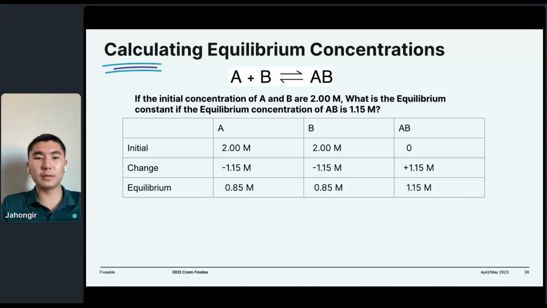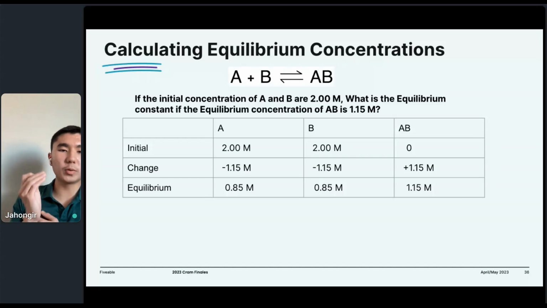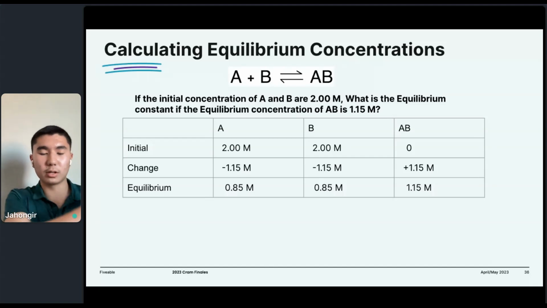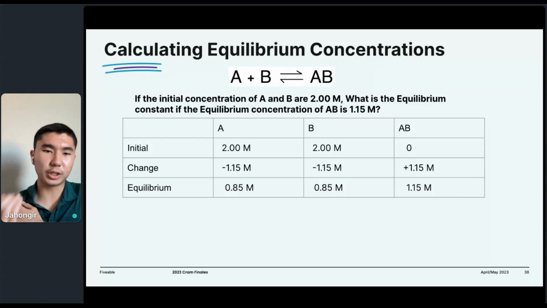Okay, so we're given the concentrations of A and B, so we just put them up as our initial. Since the equilibrium concentration of AB was stated to be 1.55, we put that under equilibrium. Usually when you're given the equilibrium concentration and the initial concentrations of the reactants, you figure out the change.